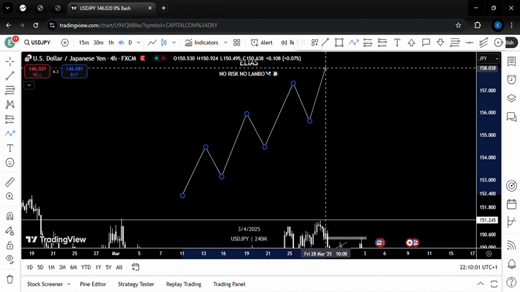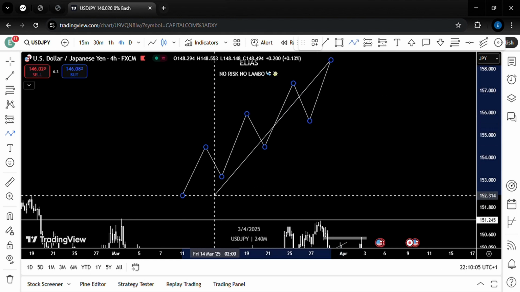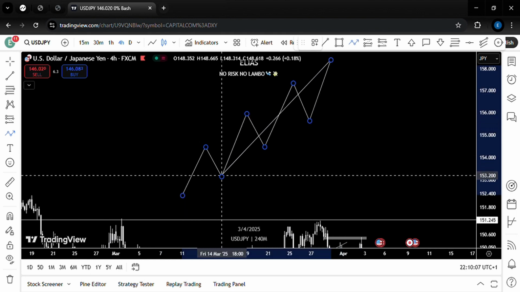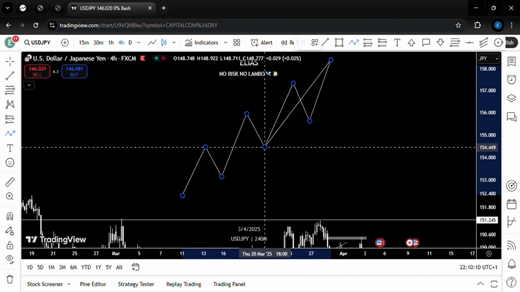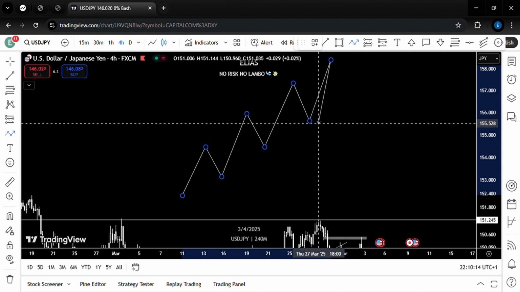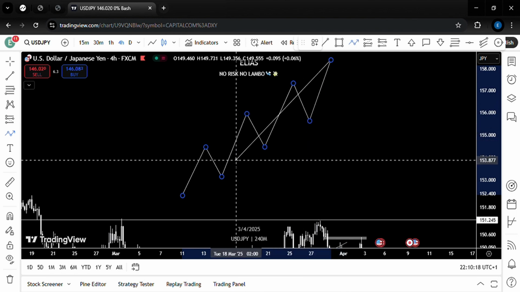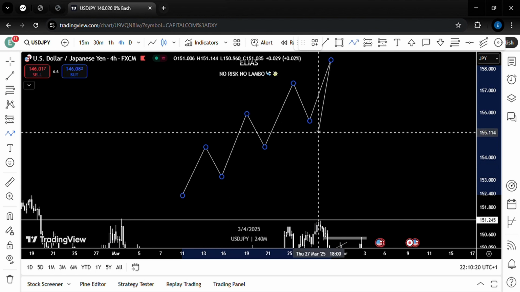When we are on an uptrend, all the lows that create a new high have liquidity resting on them.